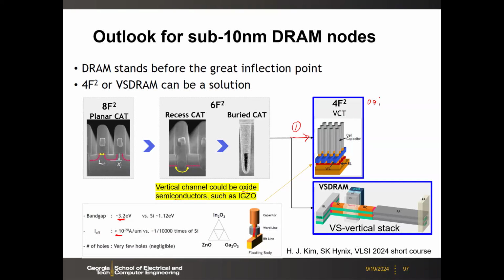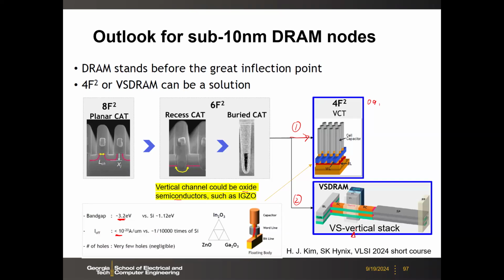And then the industry is also looking at a more aggressive approach. This is potential path number 2: vertically stacked 3D DRAM. Our research group is also working in this domain, and this will enable DRAM scaling for the next 10 or even 20 years.